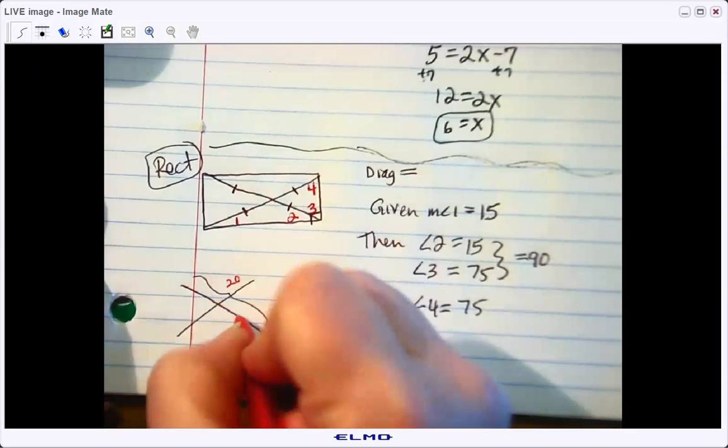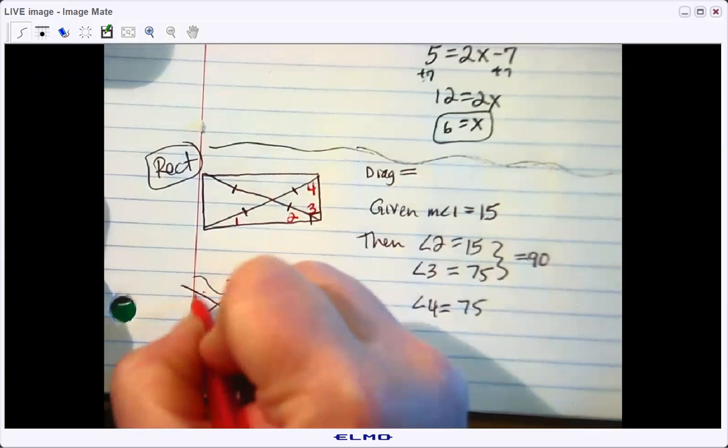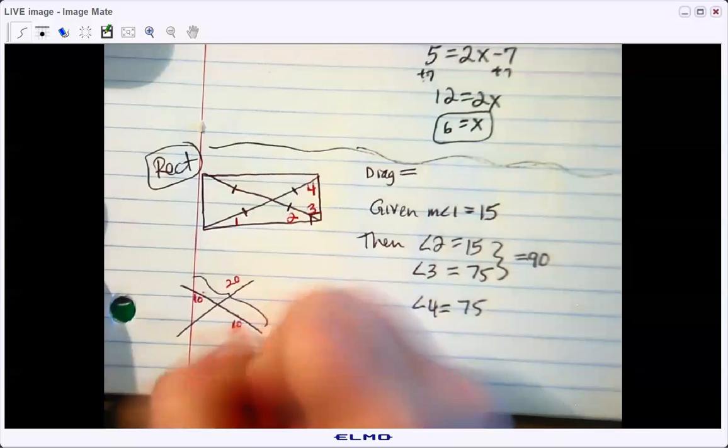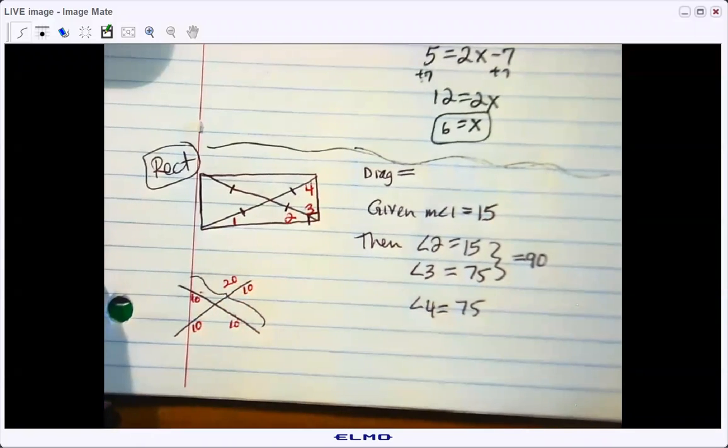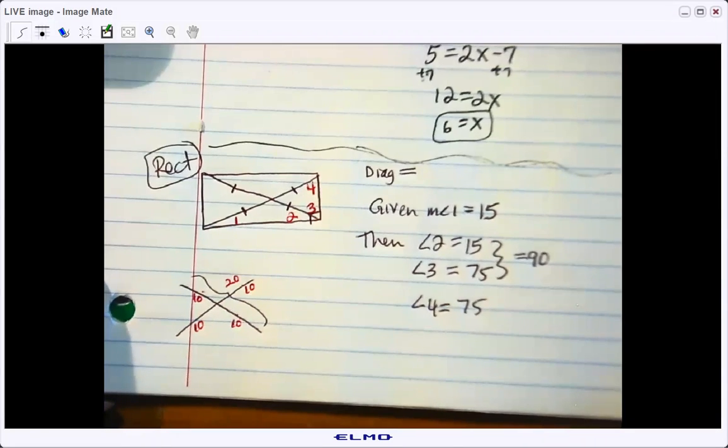And then we know that each of these halves are also equal. So this is 10, that's 10, this is 10, and that's 10. Okay. So that'll help you on 2 of the other questions in the quiz.